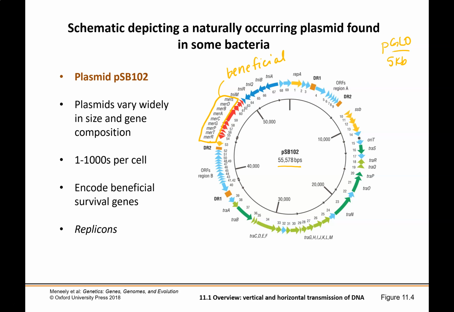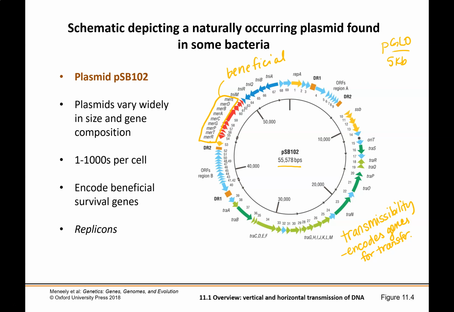Just before we go from here, these green genes are involved in transmissibility. So this means that the plasmid actually encodes genes for transfer. So it actually encodes genes that direct the transfer of this plasmid from one organism to another, and we'll talk about that in just a minute.